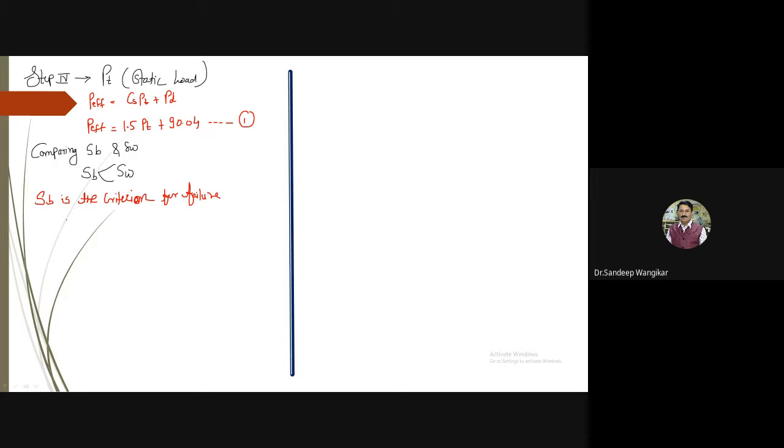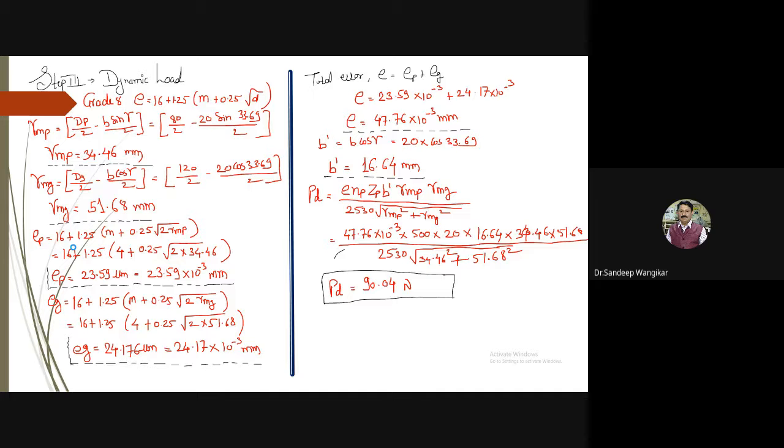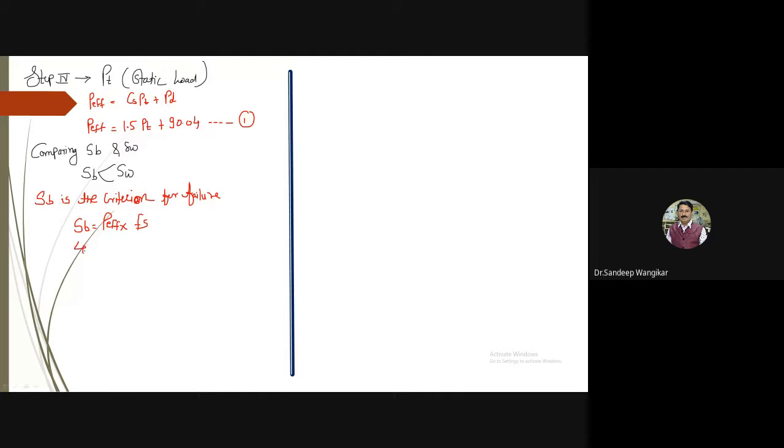Okay, so I can say SB is equal to P effective into EFS. So we are having the SB value at 4287.1. So I will say here 4287.1 is equal to P effective into EFS, which is given as 2.